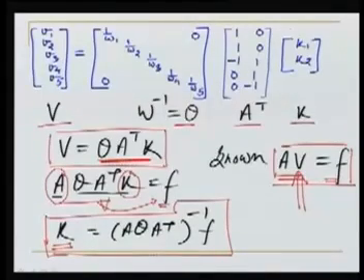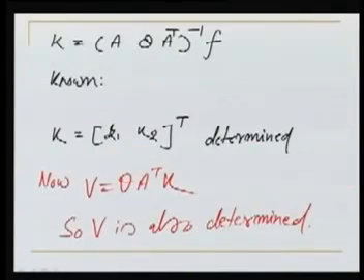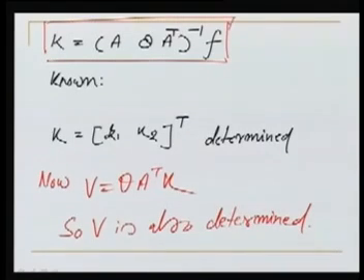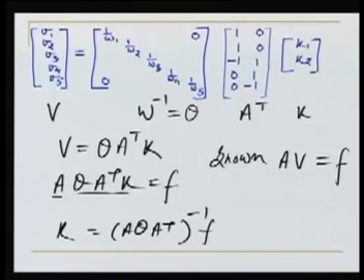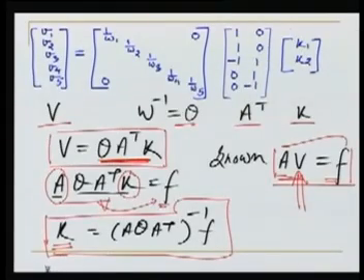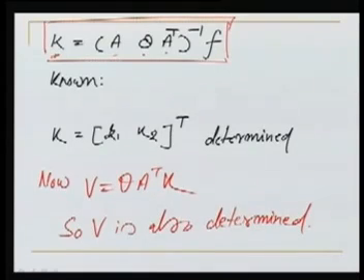Well, if we write the same thing again here, K is A theta A transpose inverse F. Now in this, what all is known to us? Well, F is known to us because F is a matrix of constants. Now where did these constants come from?